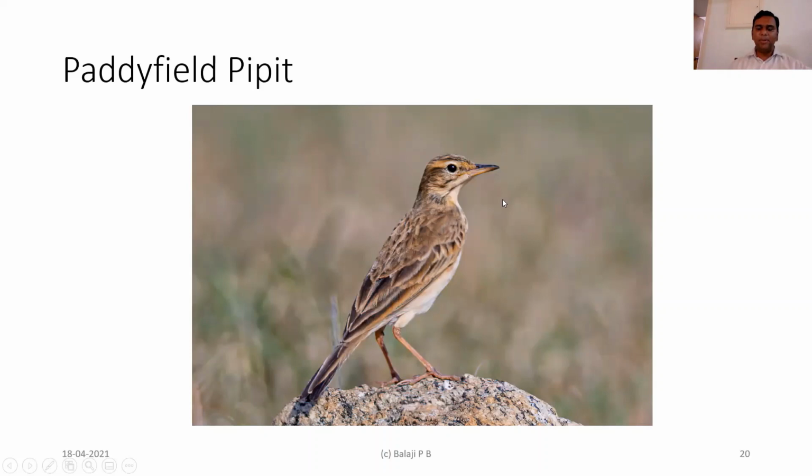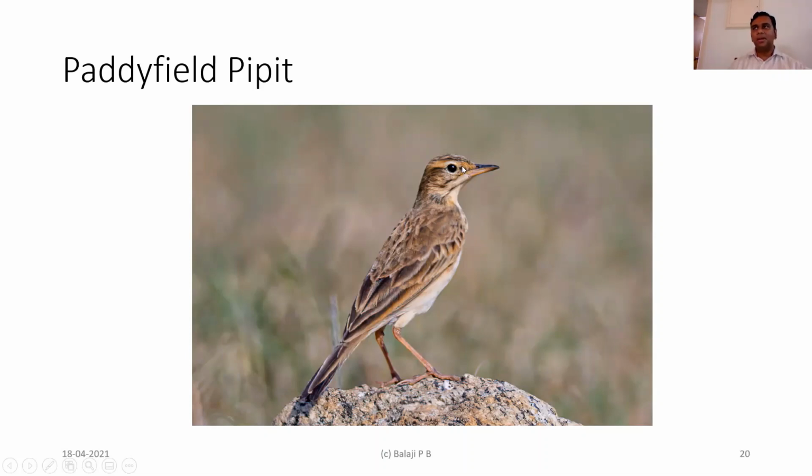So the paddy field pipit is a very proportional bird. It has a dual tone beak. The top beak is dark, the bottom beak is typically pale. The lores, the area between the eye and the beak, are typically dark, but in some juveniles they can be pale also.